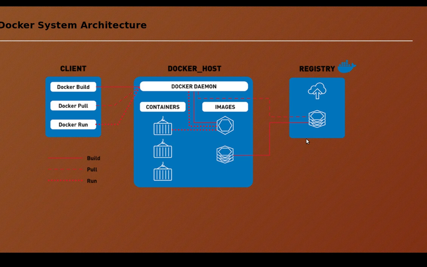This can be a private repository, or by default we have the Docker Hub registry that can be used for pushing your built images. And this is a critical component, so many architecture complexities will come in terms of registry also.